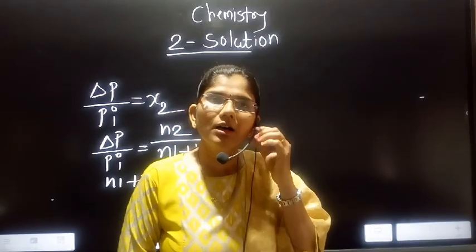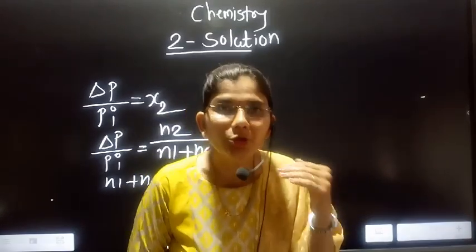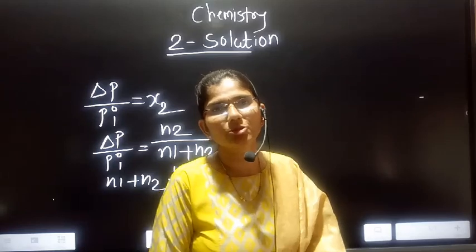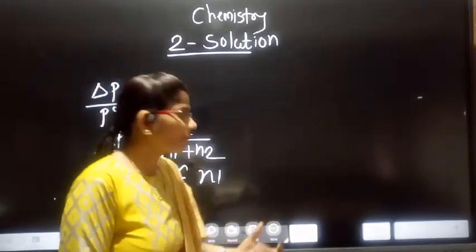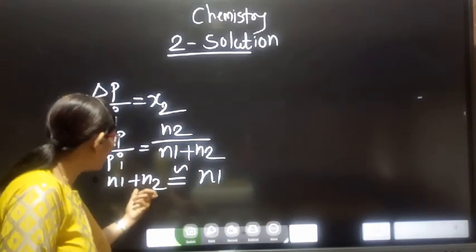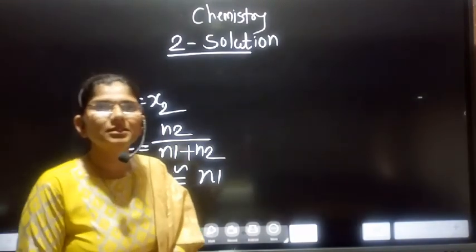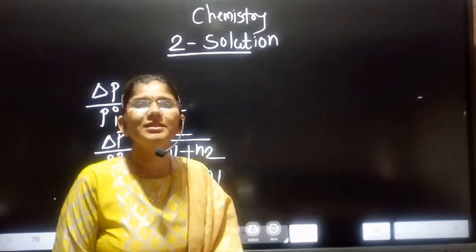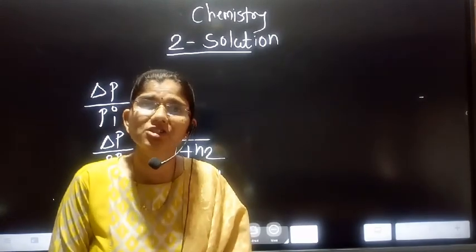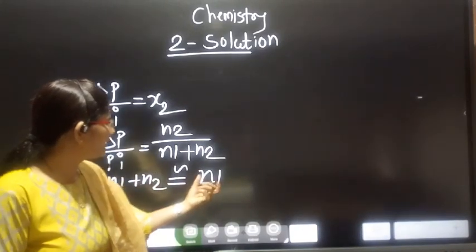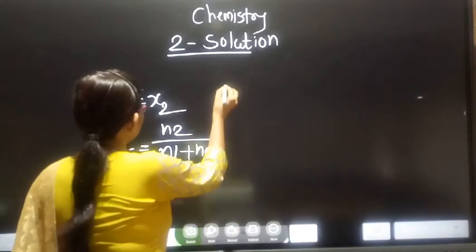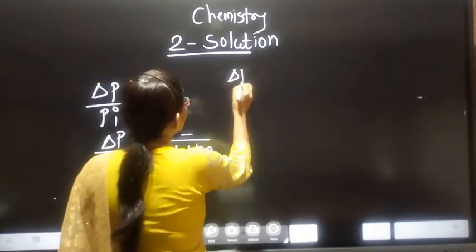That means a larger amount of solvent is present as compared to the solute, so the number of moles of solvent is very large compared to solute, and therefore N1 plus N2 is considered as N1.